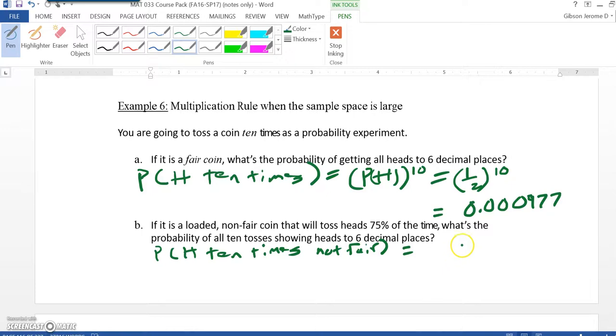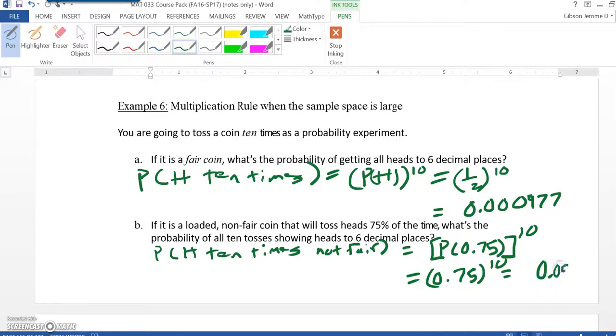So that would be the probability of 0.75, because that's the value of the not fair head. And we take that to the 10th power. So that is 0.75 to the 10th power, which is equal to 0.056314.